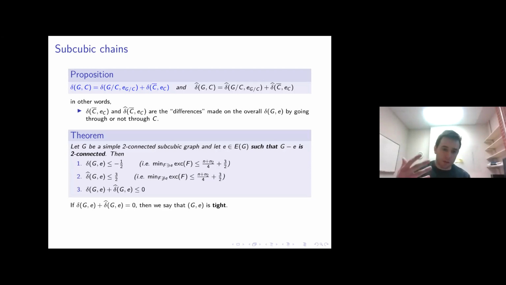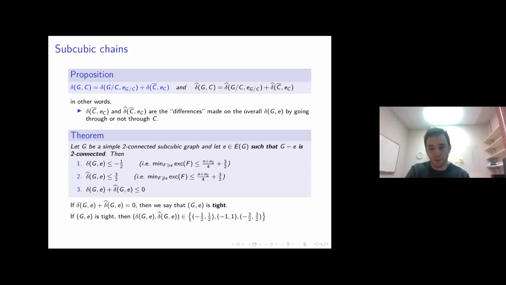So for introduction terminology, if the delta plus delta hat is equal to 0, i.e. if the third inequality is tight, then we say that G is tight. And if G is tight, there's only 3 possibilities for the delta delta hat pairs, as illustrated here.